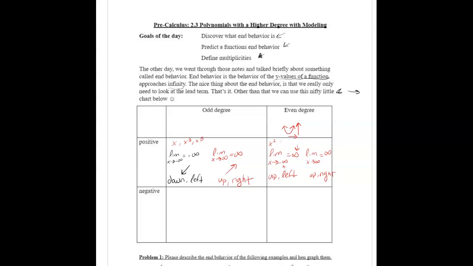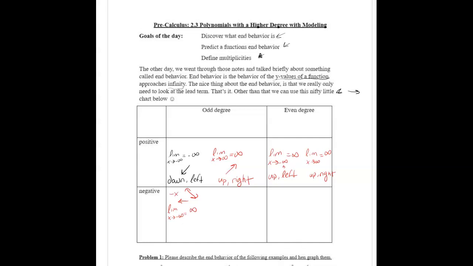Alright, what if it's negative? Even if I had a negative x, because again they're all going to follow the same basic thing, that's just going to be a line with a slope of negative 1. So my end behavior: the limit as x approaches negative infinity, meaning I'm going to the left. What's it doing? Well, it's going up towards positive infinity.